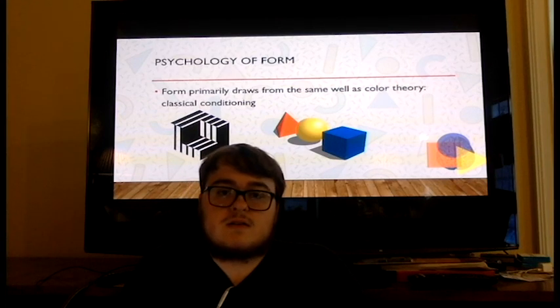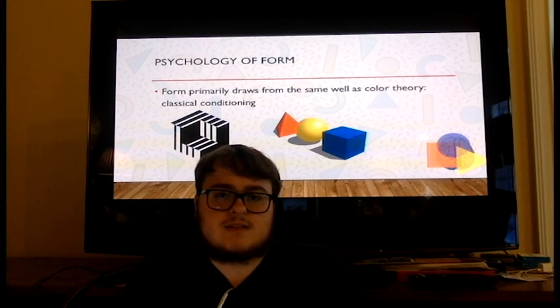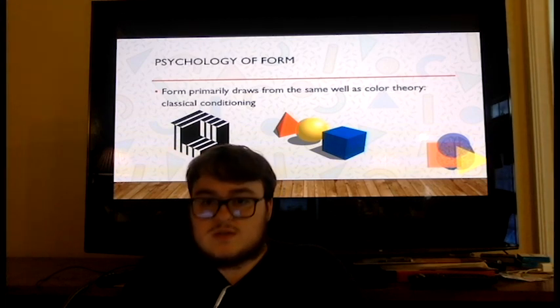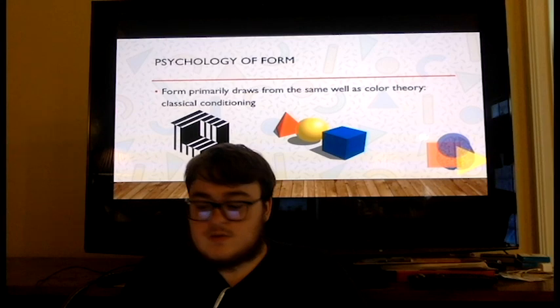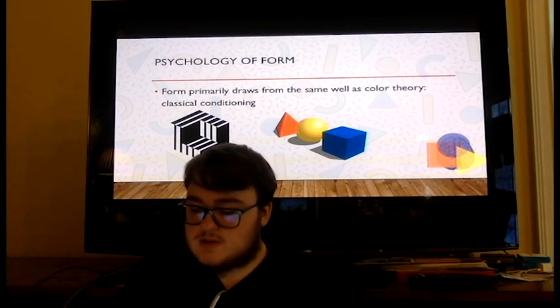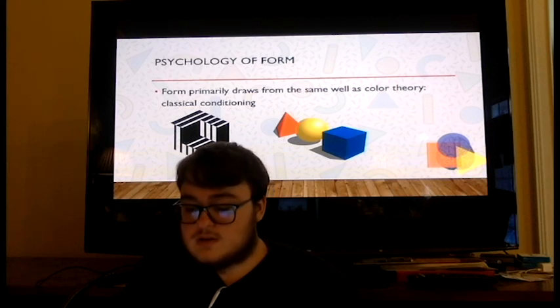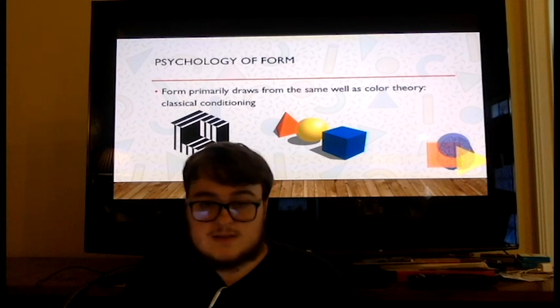Psychology of form. Form primarily draws from the same well as color theory, that being classical conditioning. To expound upon that, take for example the three basic geometric shapes used in forms. A triangle, a circle, and a square each have their own learned associations and responses.